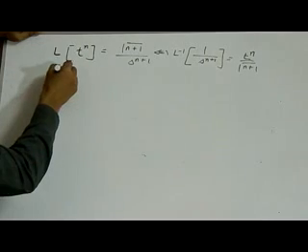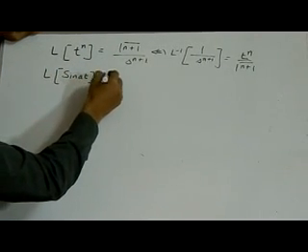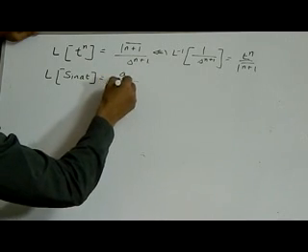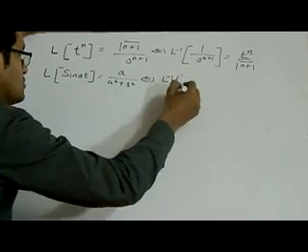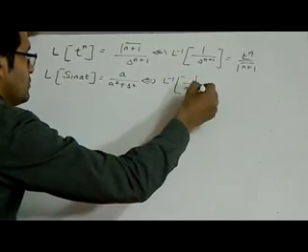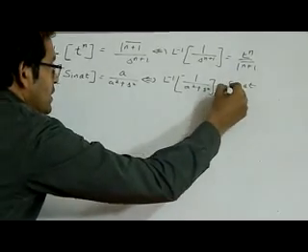Another thing we had done: the Laplace of sine at was a upon s square plus a square. So the inverse transformation of 1 upon s square plus a square is sine at by a.